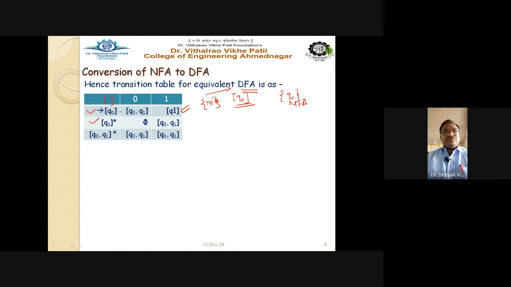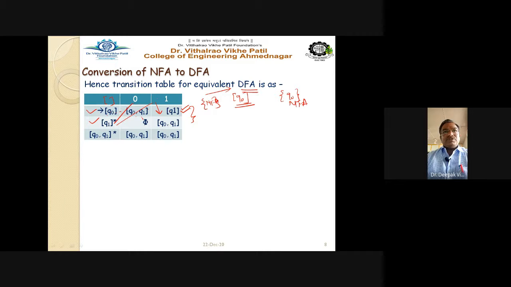If you find here, Q0 on 0 goes to Q0, Q1, Q0 on 1 goes to Q1, Q1 on 0 goes to phi, there is no transition, and Q1 on 1 goes to Q0, Q1. These two rows are similar to those given in the question, or as we have drawn earlier, right?